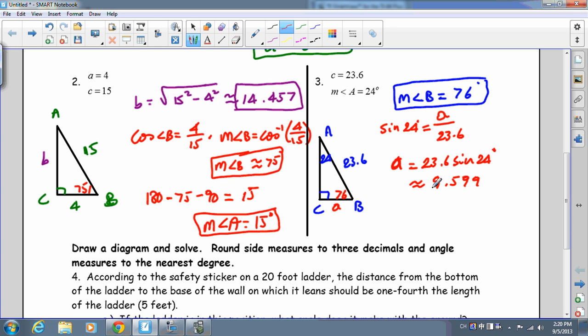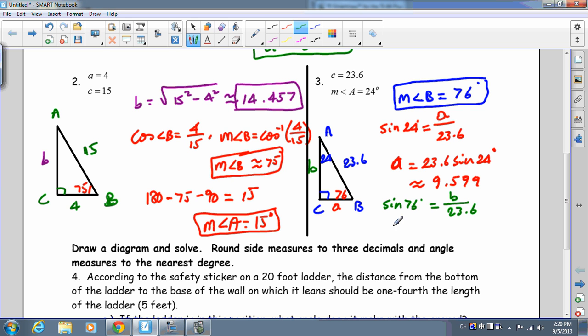Now from here, although I prefer that you don't use the Pythagorean theorem to find the last portion, you can use it. However, the best way to find the last side, which is this side that I will call B, you will use again the sine of 76 degrees is equal to the opposite, which is B, over the hypotenuse, which is 23.6.